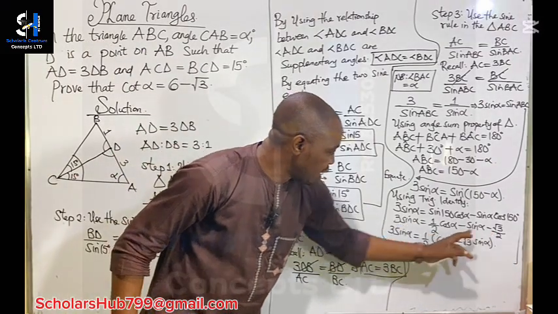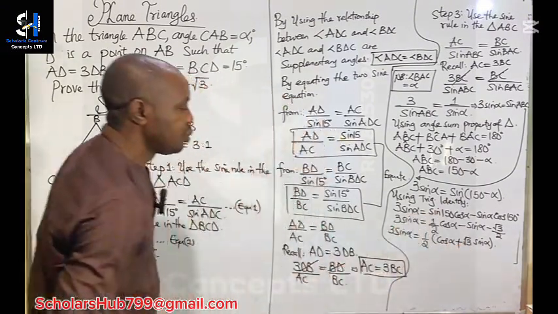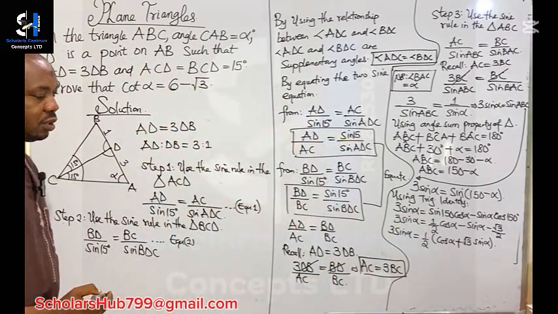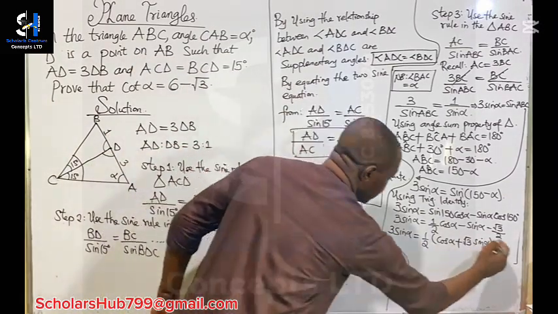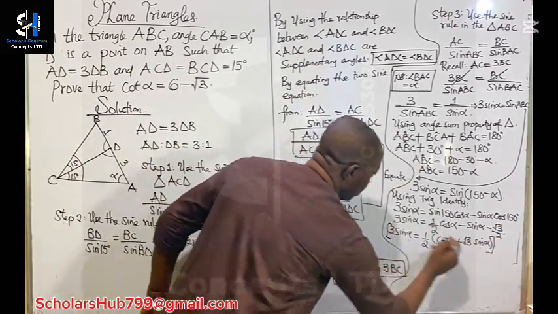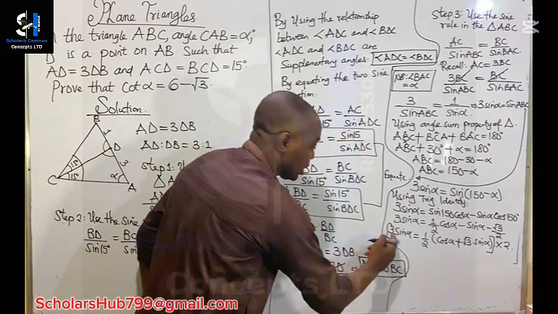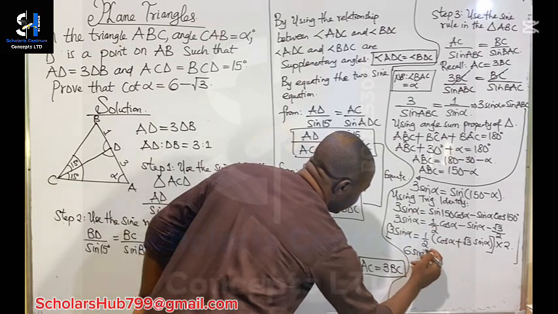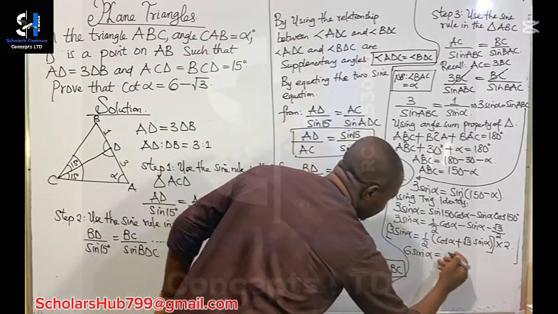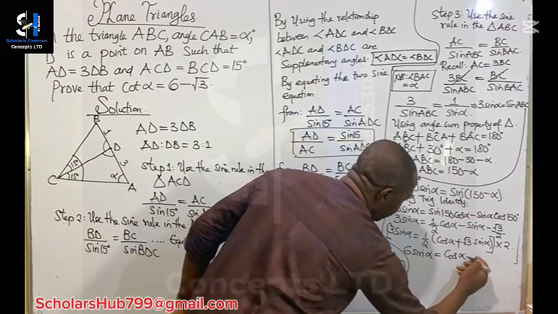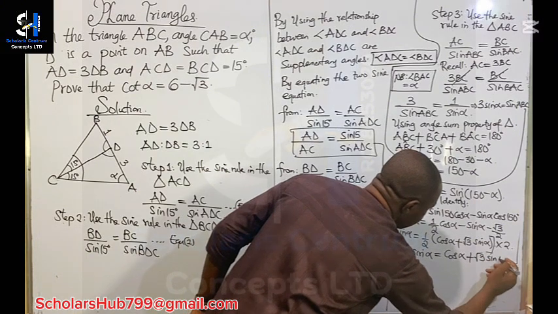And then we factor out 1/2. So multiplying this equation by 2, 2 multiplied by 3 sine alpha will be 6 sine alpha. And 2 multiplied by 1/2 on the right-hand side reduces to cos alpha plus root 3 sine alpha.